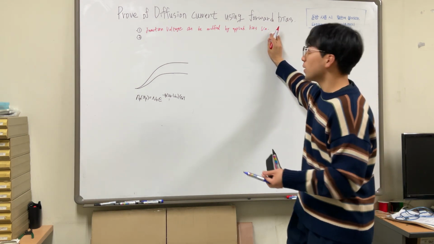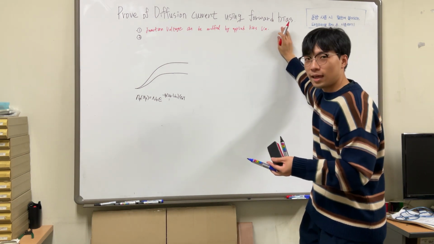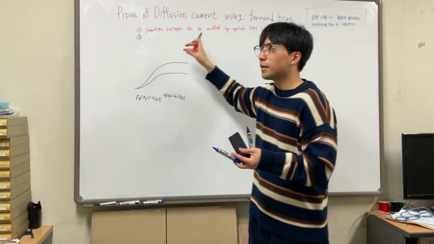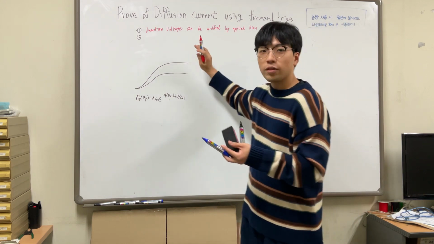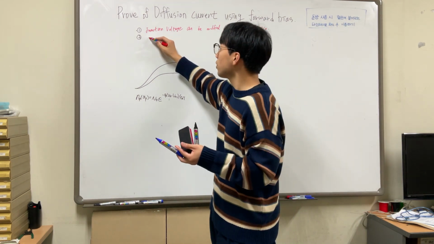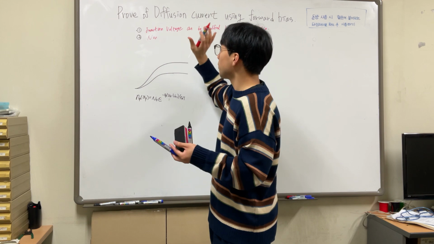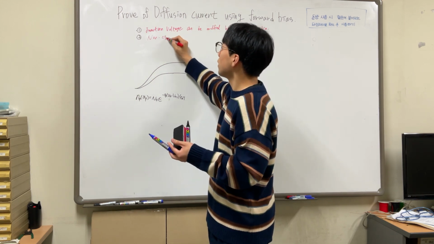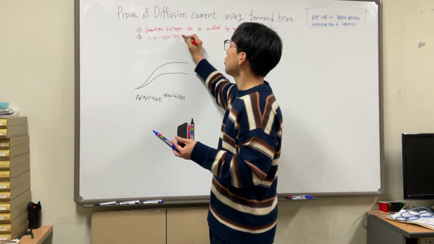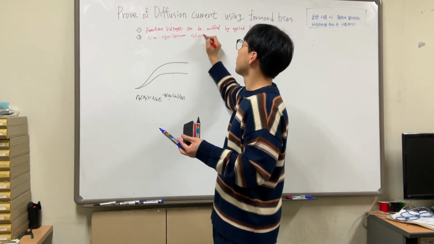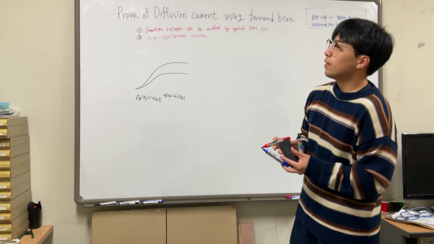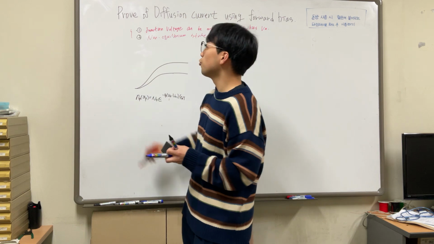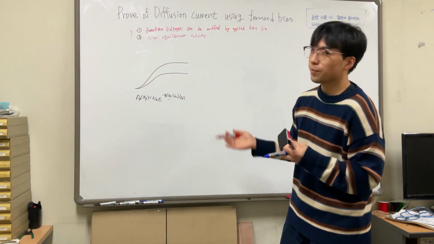Because of this applied bias VA, the equilibrium state will change into a non-equilibrium state. Based on these two summaries, we will study this section.